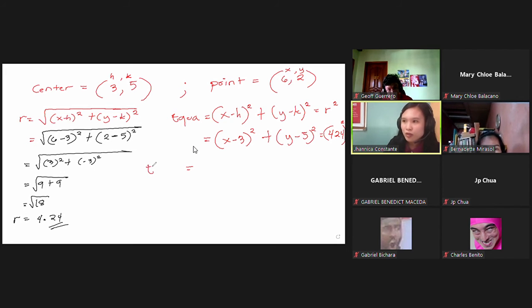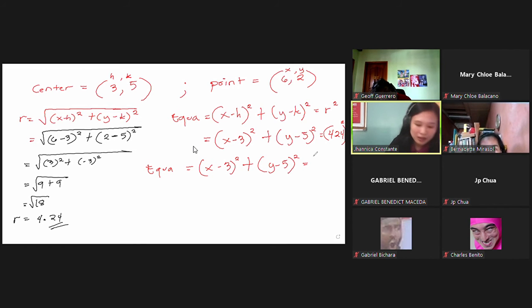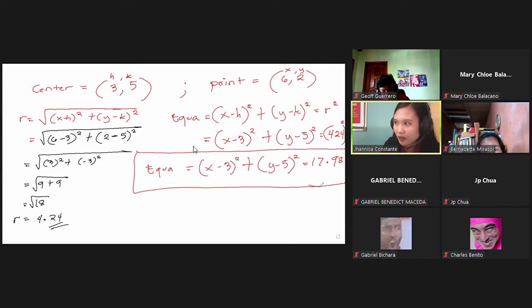So the equation of our circle is x minus 3 squared plus y minus 5 squared equals 4.24 squared, which is equal to 17.98. So that is the equation of the circle.